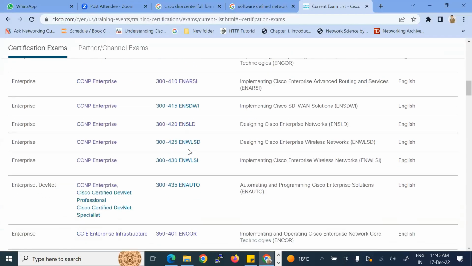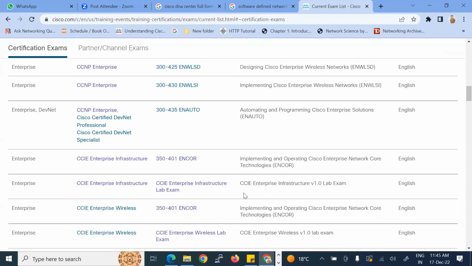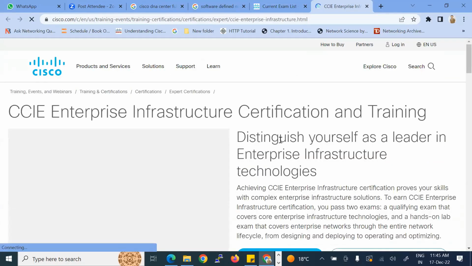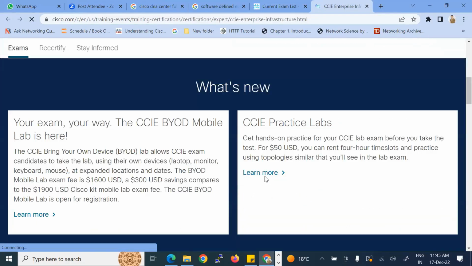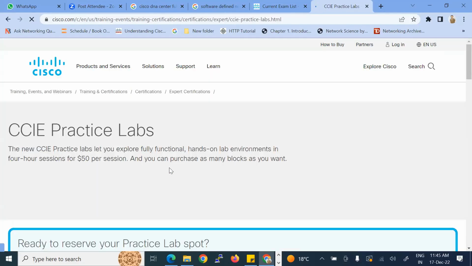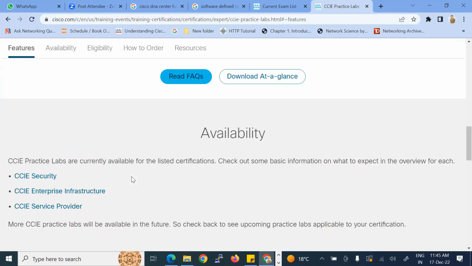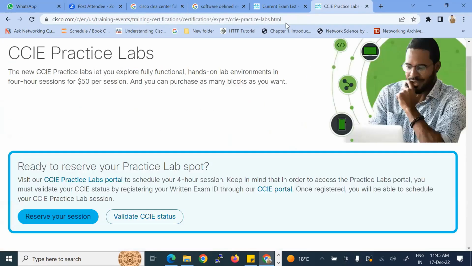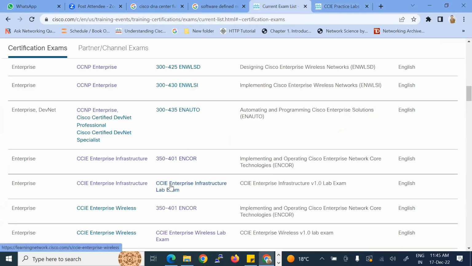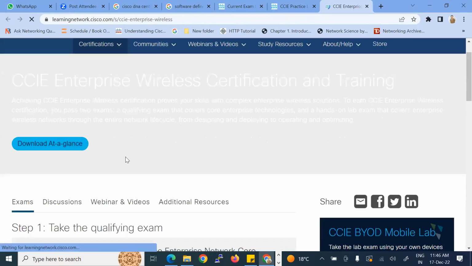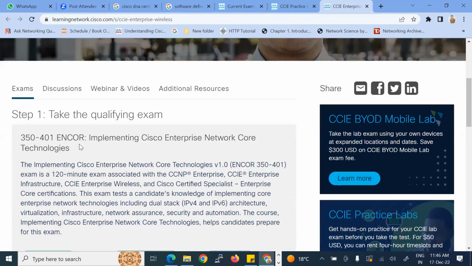And here we have the CCIE lab exam, CCIE Enterprise. You know that for the CCIE lab exam, CCNP and core is required.